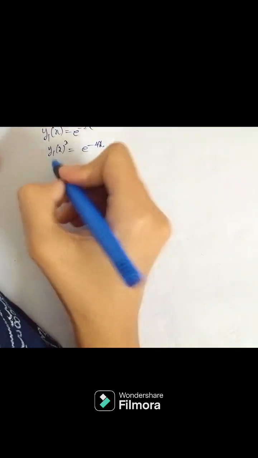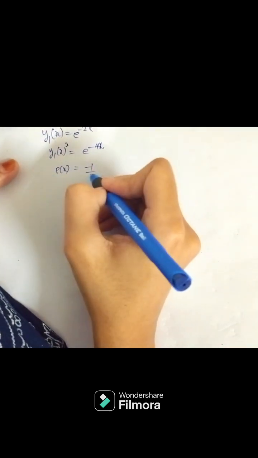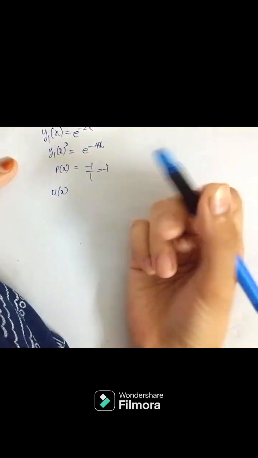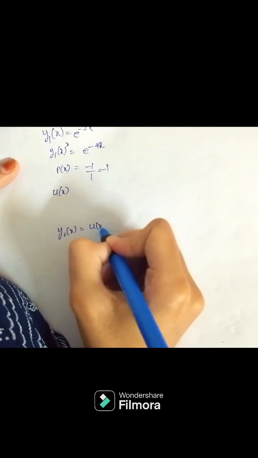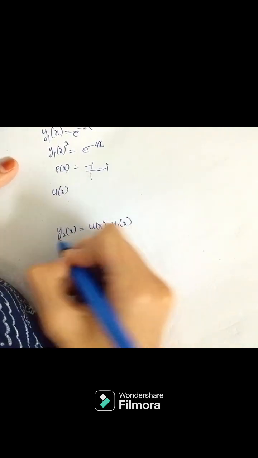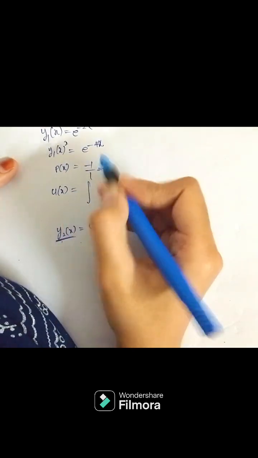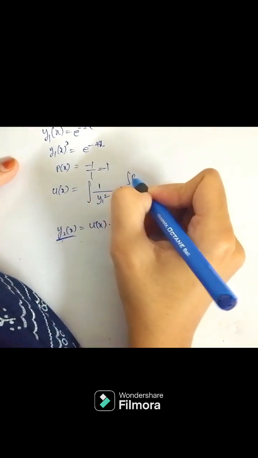So we'll find p of x, coefficient of y dash divided by y double dash coefficient. Next, now important, u of x. If you got u of x, then write y2 of x is u of x into y1 of x. Your answer is done. You have to find this y2 of x. For that, you need this formula: integral 1 by y1 square e power integral p dx.